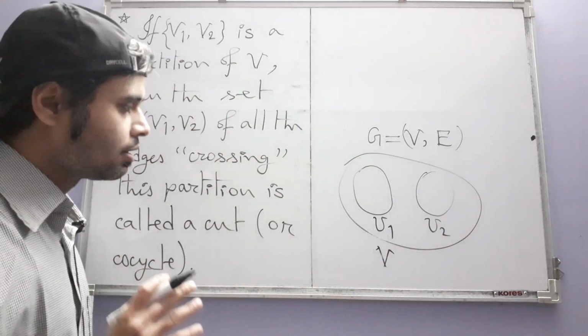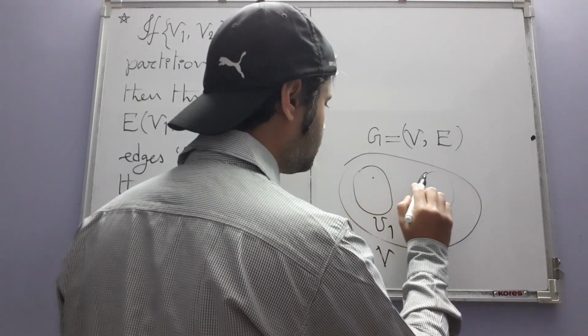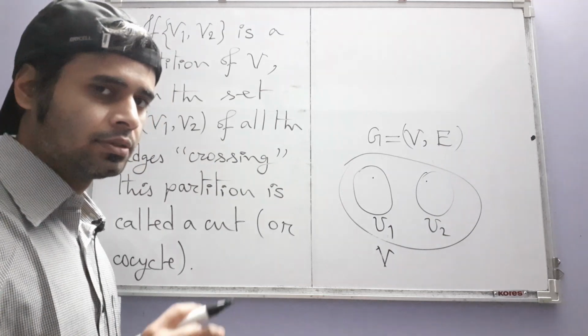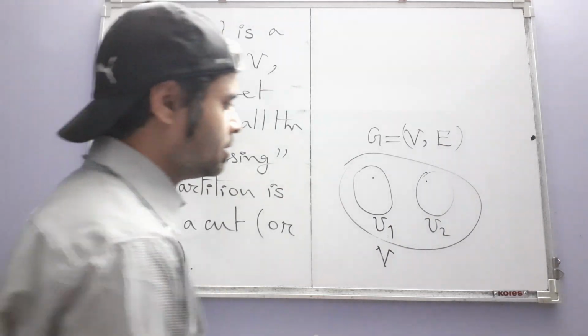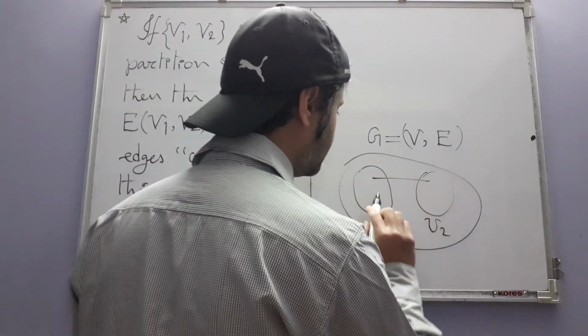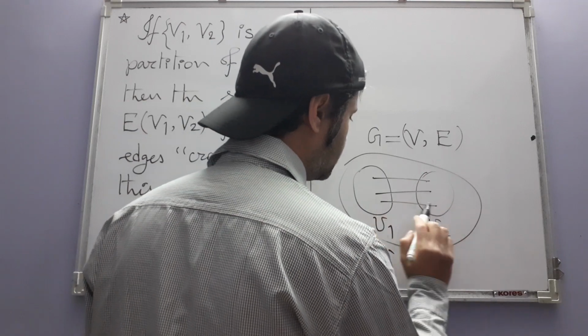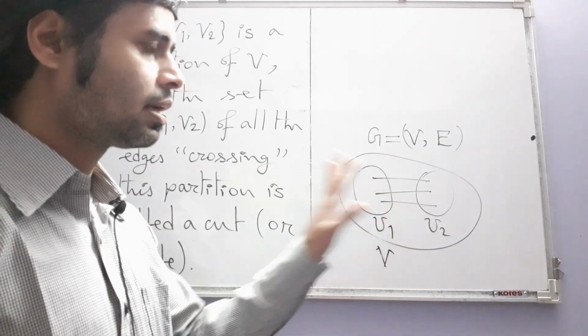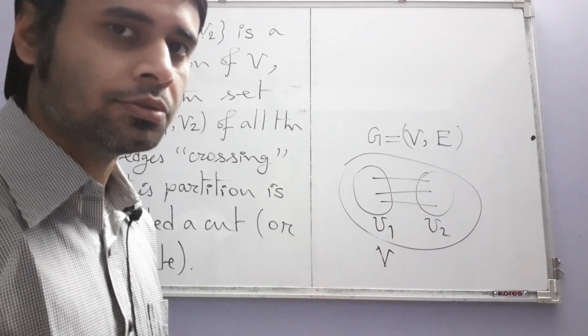Among all the edges that we have in G, there may be some edges with one end in U1 and the other end in U2.